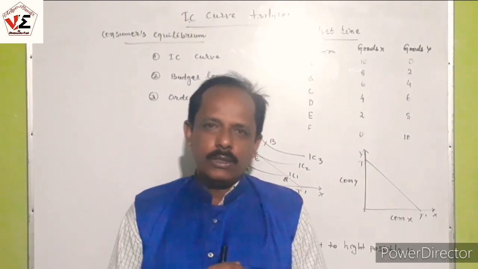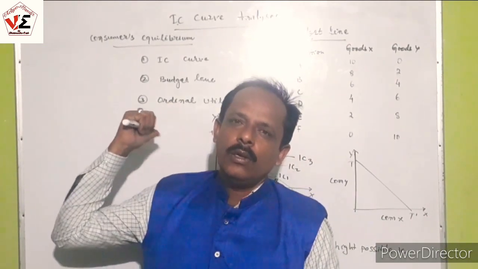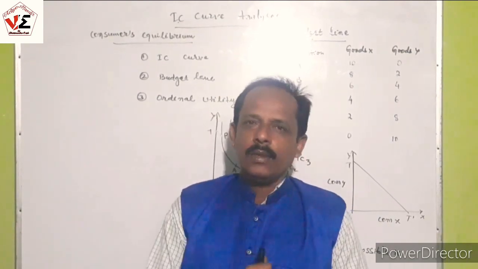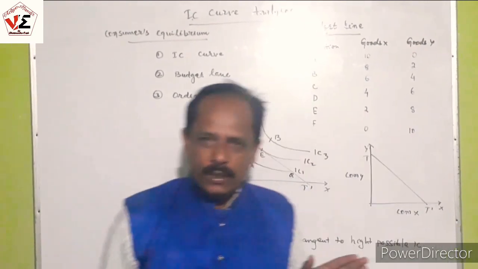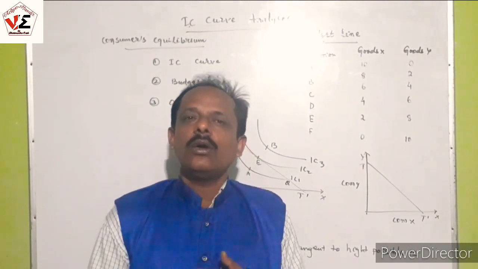But in our syllabus, you see the utility concept, and in the second part there developed a new concept, the indifference curve analysis, developed by Professor Hicks and Allen. According to them, we are comparing the utility of one person with the other.